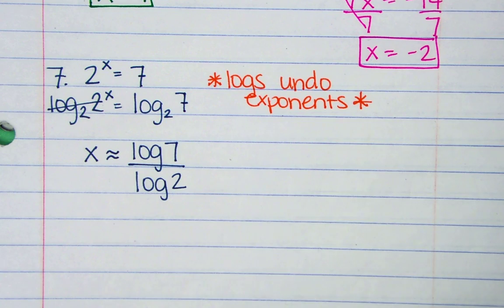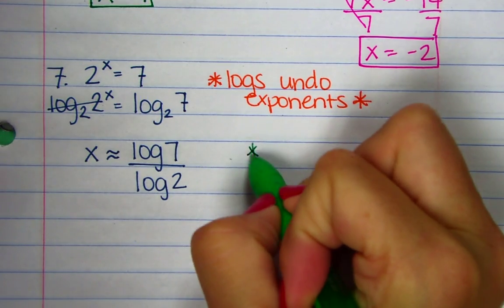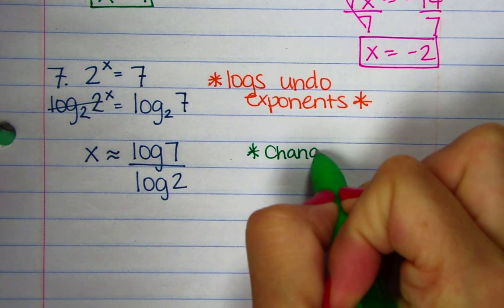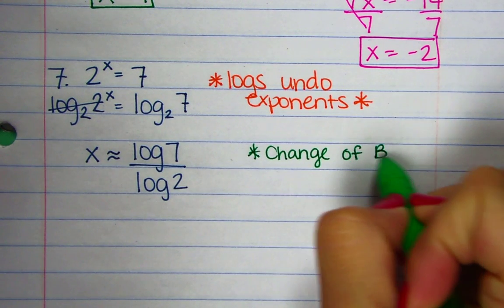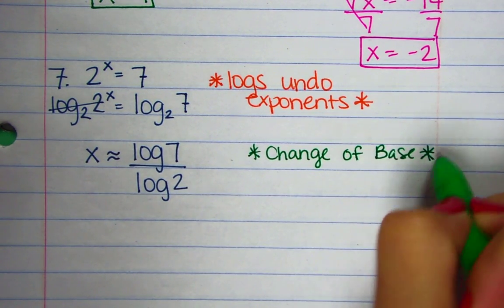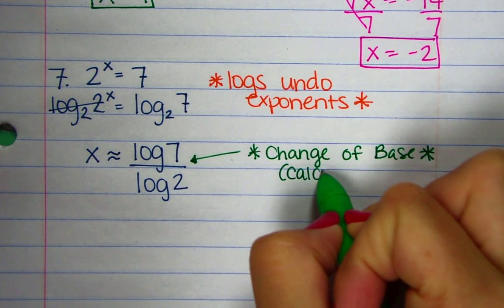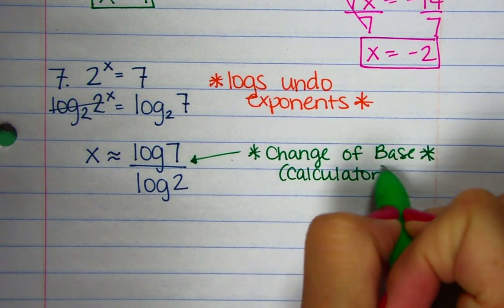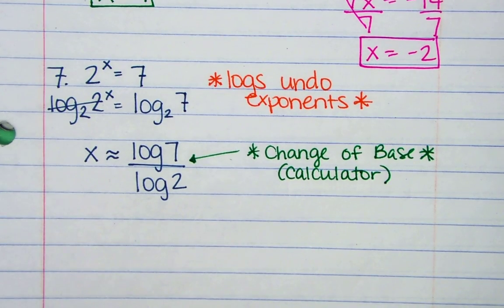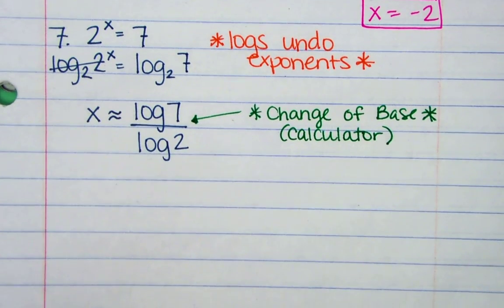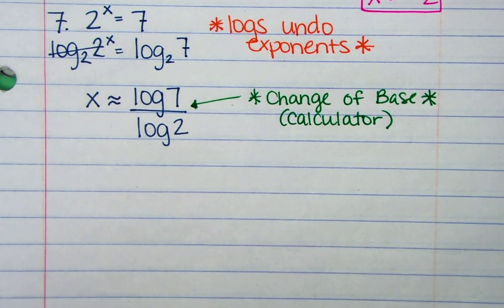So I'm going to write myself another note to remember this. Change of base. And I'm going to put calculator. Because we're going to use the calculator to find this. Log 7 divided by log 2. You can do that in your calculator.